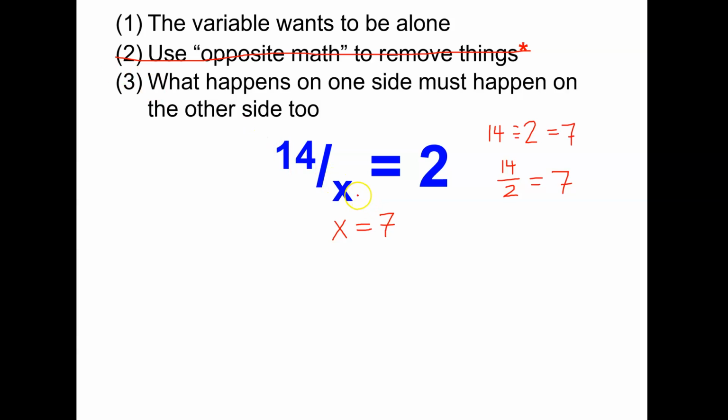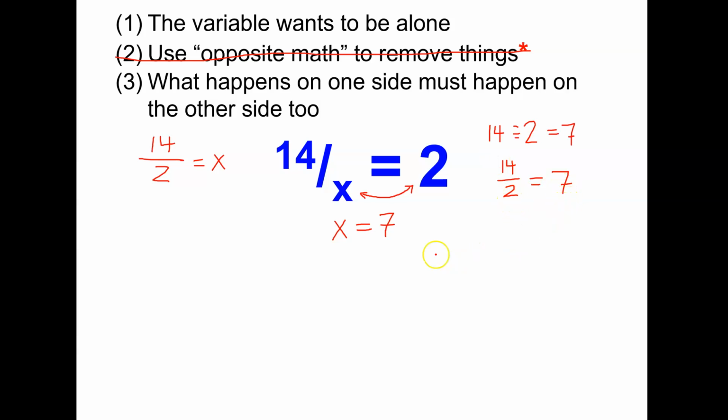If the variable is on the bottom, you take the variable and everything on the right-hand side and you switch them. So instead of having 14 over x equals 2, we have 14 over 2 equals x. And we know from over here that 14 divided by 2 gives us 7.